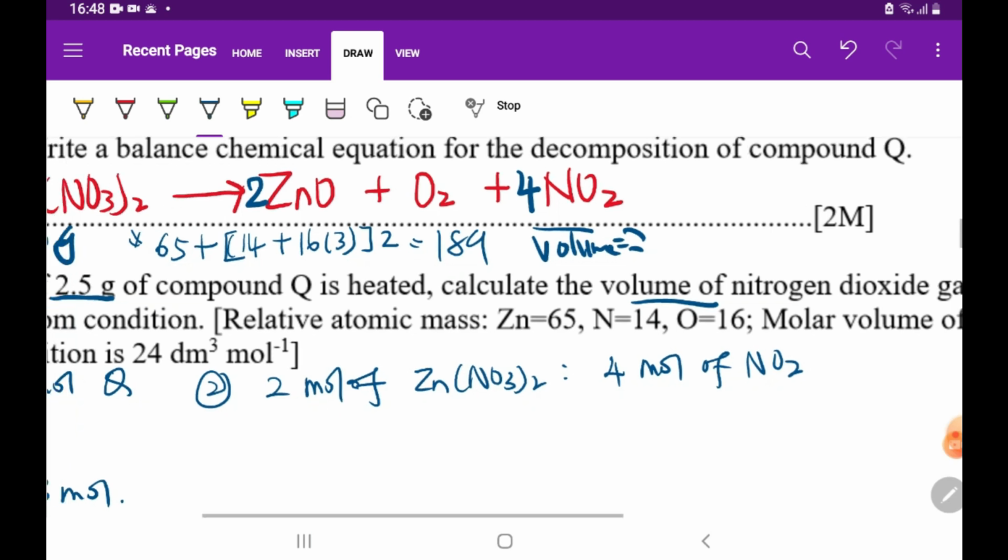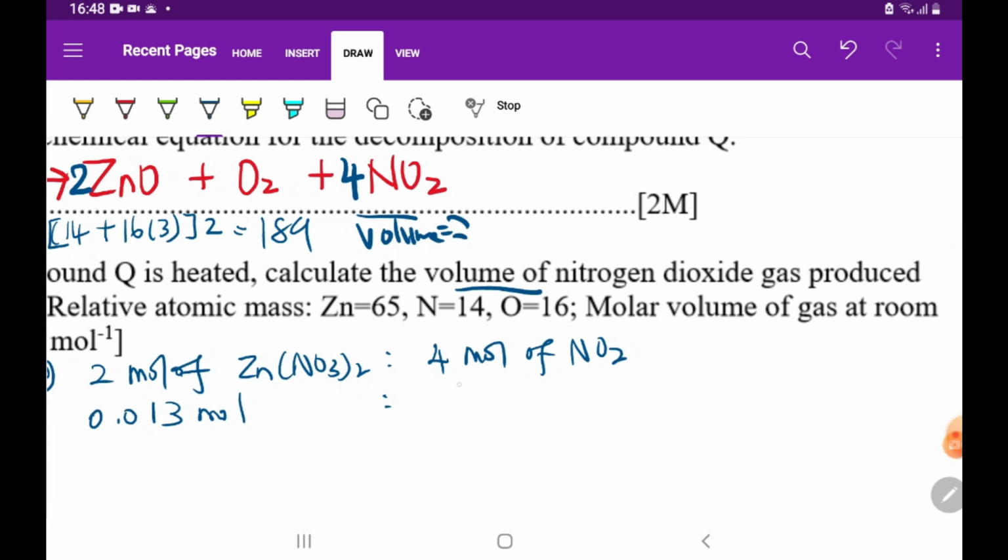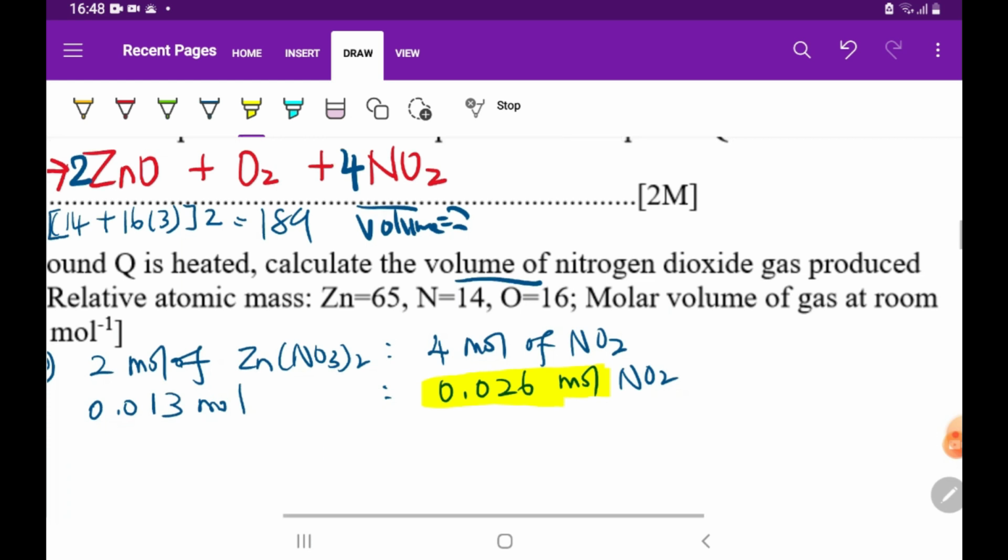If here is 0.013 mole of this one, so meaning set will be double, 0.026 mole of nitrogen dioxide.